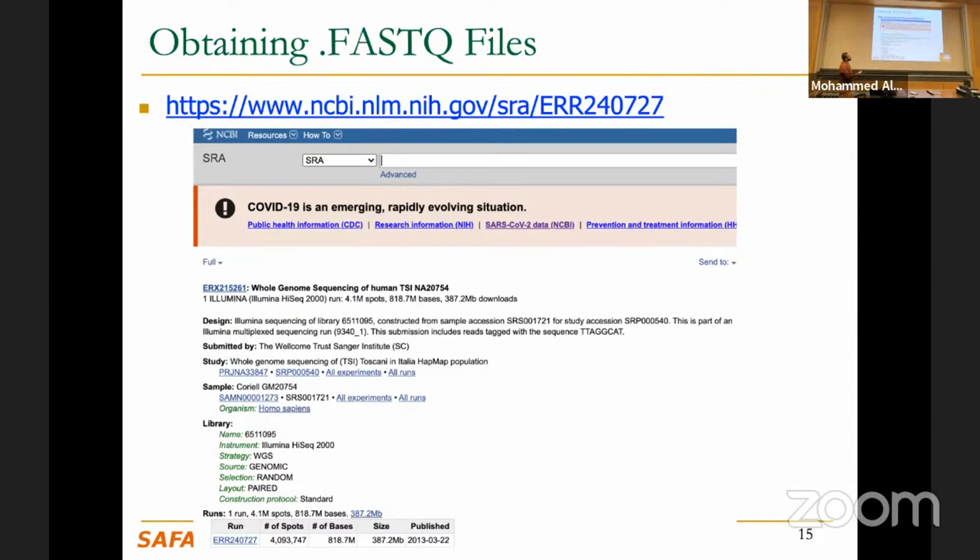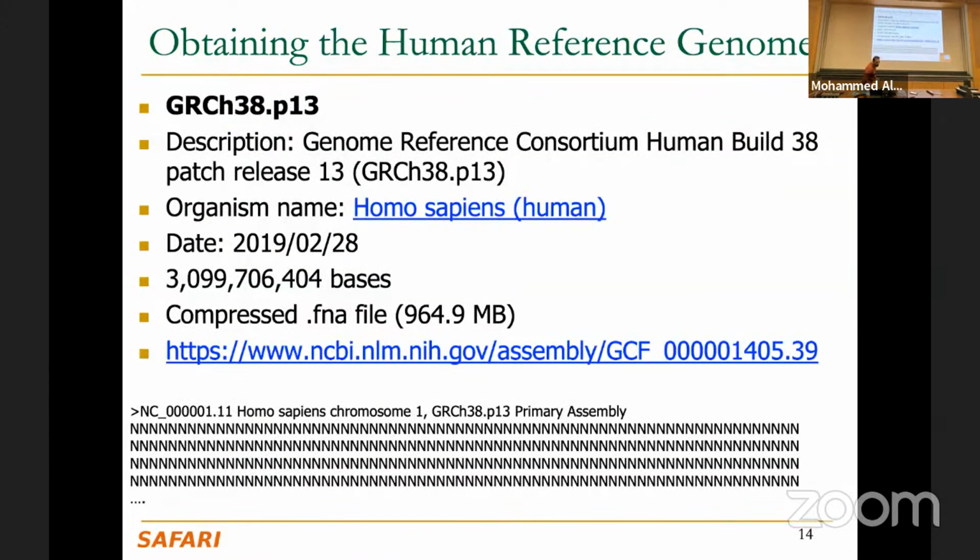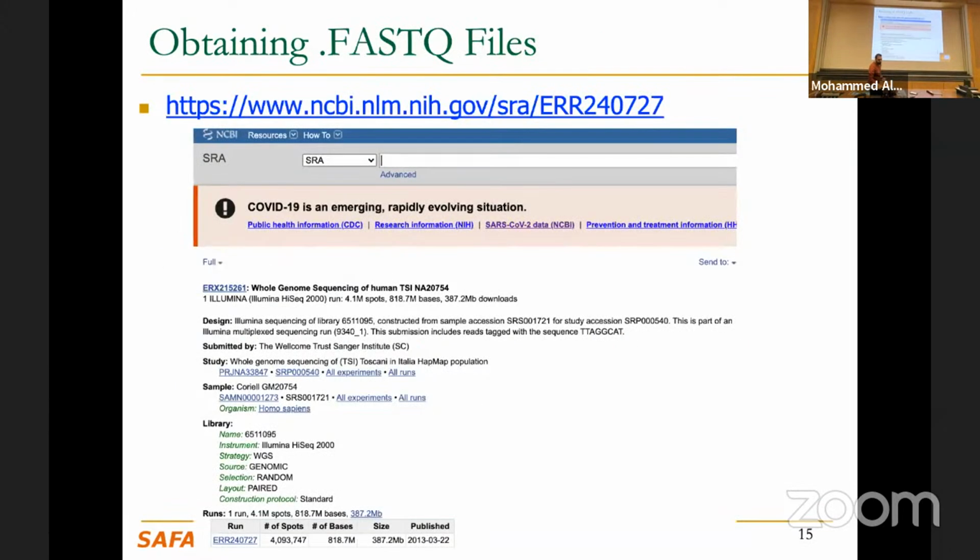What the project was about, the sample number, the run number, and all this information. And here is where you can download the read set, and you will get what we call a FASTQ file. For the reference genome, we got a FASTA file, either FNA or FASTA, that is the format of the file. For the read set, we always get a FASTQ file, okay?